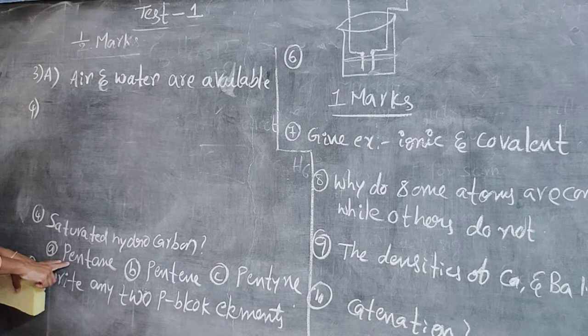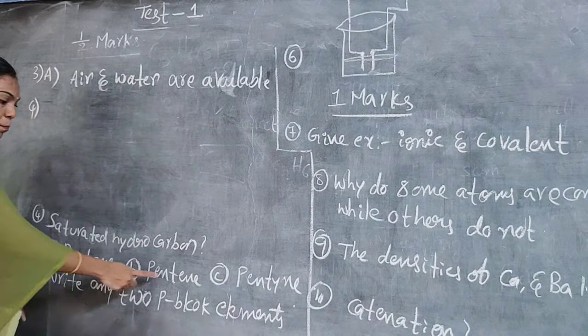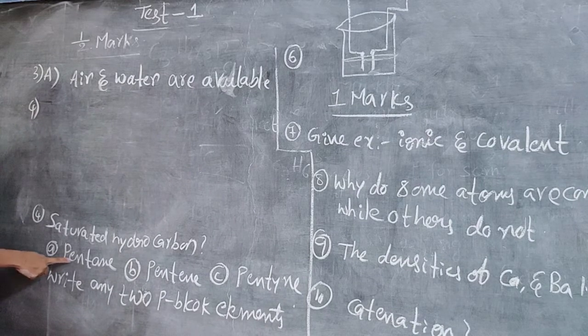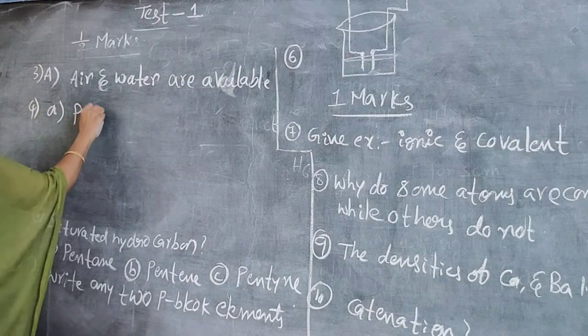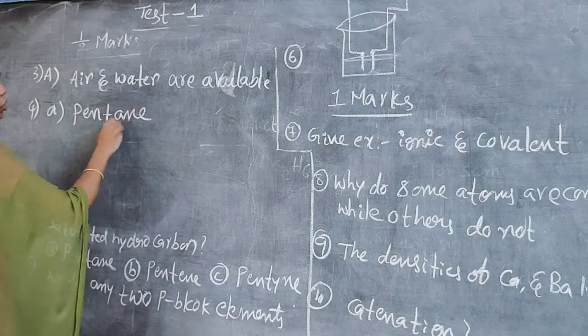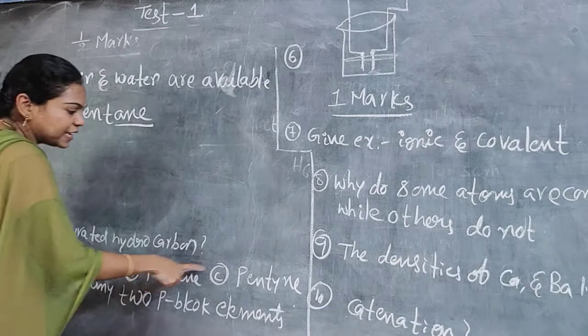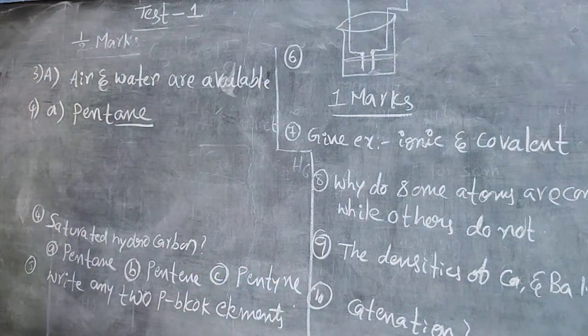Here they have given the compounds pentane, pentene, pentyne. Among these three, which is the saturated hydrocarbon? We all know, pentane. What is the option? A, pentane, is a saturated hydrocarbon. Pentene and pentyne are both unsaturated hydrocarbons. Do you understand?